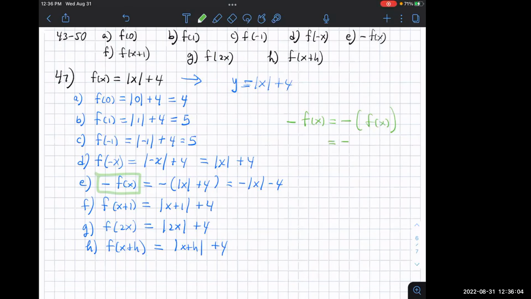Then the opposite, and then you substitute what f of x is. F of x is the absolute value of x plus 4. Oh, okay, that makes sense. Thank you. You're welcome. And then that takes you to that. Any other questions?